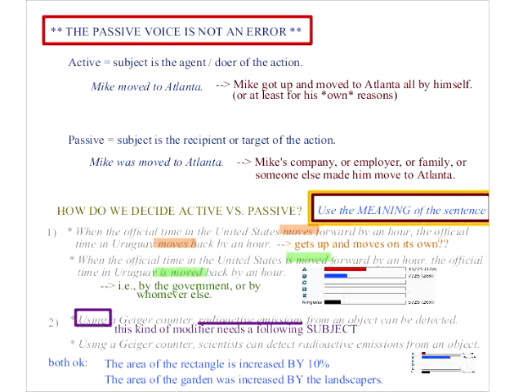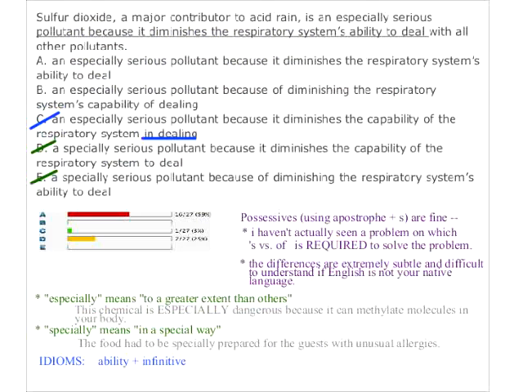Okay, back to the question we were looking at. Actually, nothing is passive anywhere in this entire problem. So whoever's asking about passive, make sure you Google passive voice and read up on it, because there is no passive voice anywhere in any of these choices. Okay, back to this.